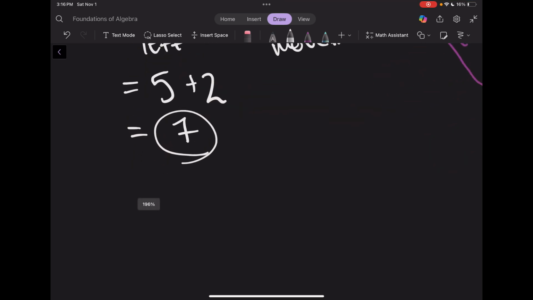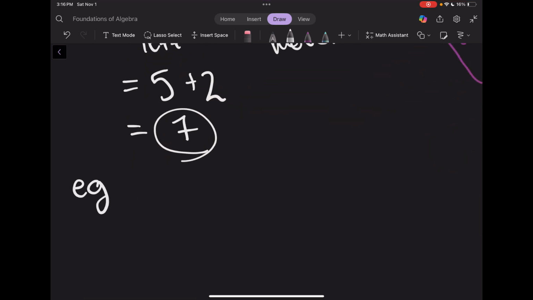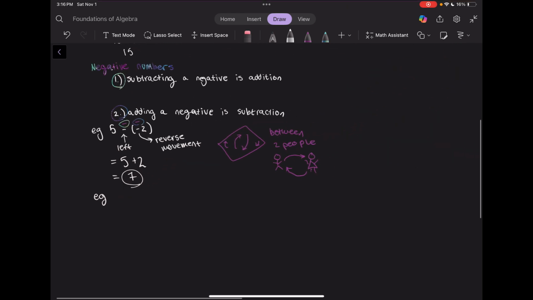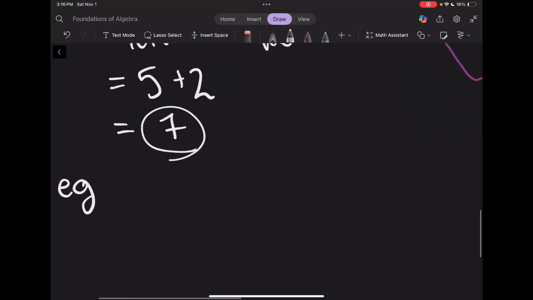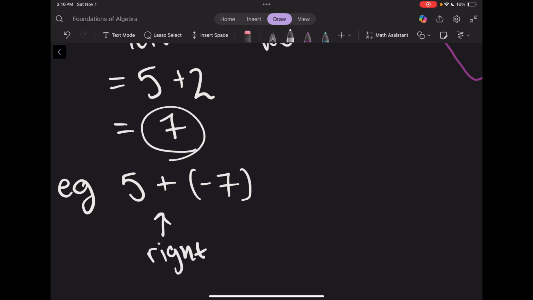All right, let's do adding a negative number. Let's do 5 plus -7. So this operation tells us that we're going to be moving to the right, but this operation tells us that we're actually moving 7 steps to the left.